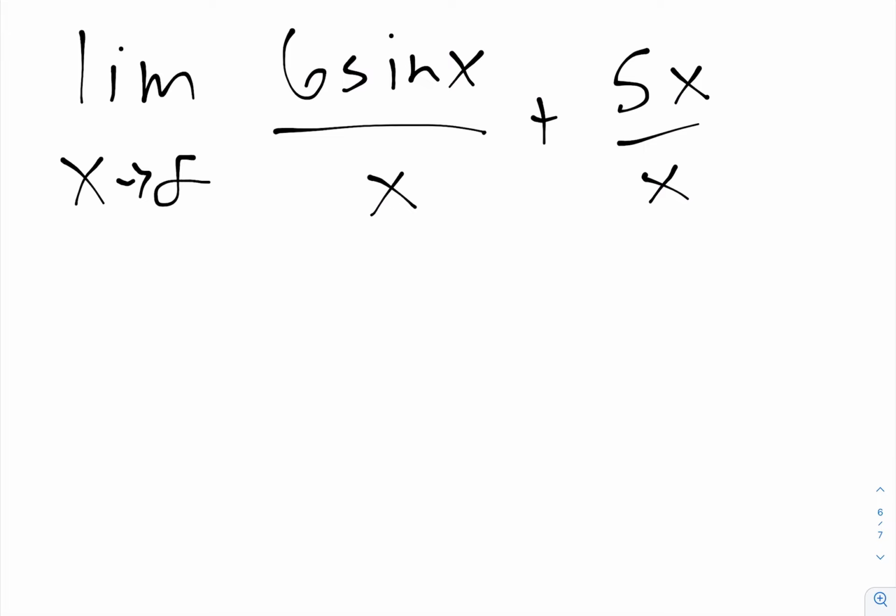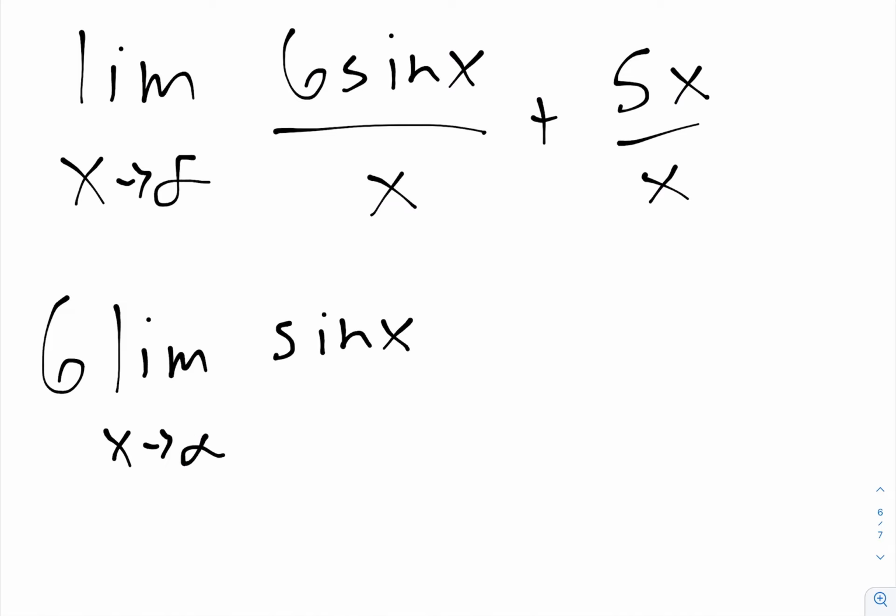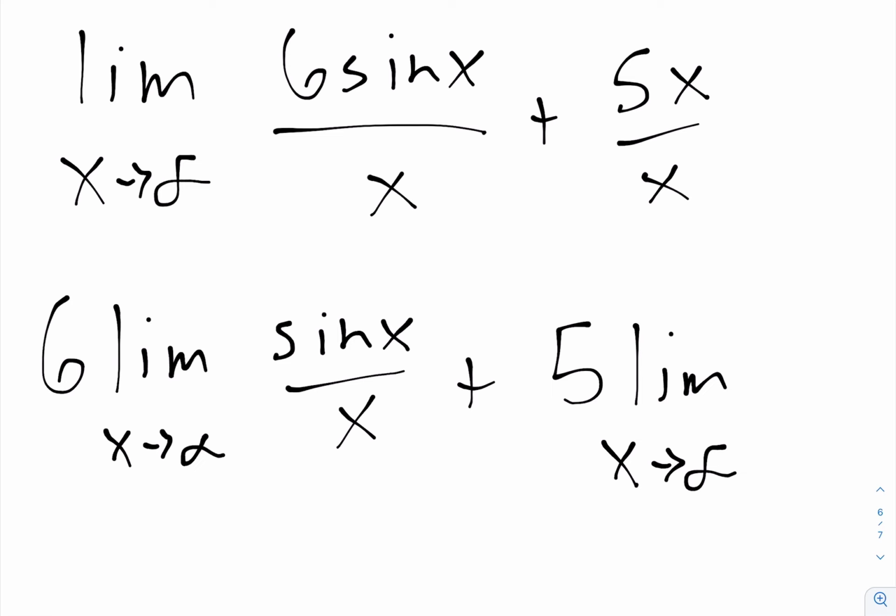So if we bring the constant out front, this is going to be 6 times the limit as x approaches infinity of sine x over x, plus there's a 5 here in the constant, so we can go plus 5 times the limit as x approaches infinity of x over x.